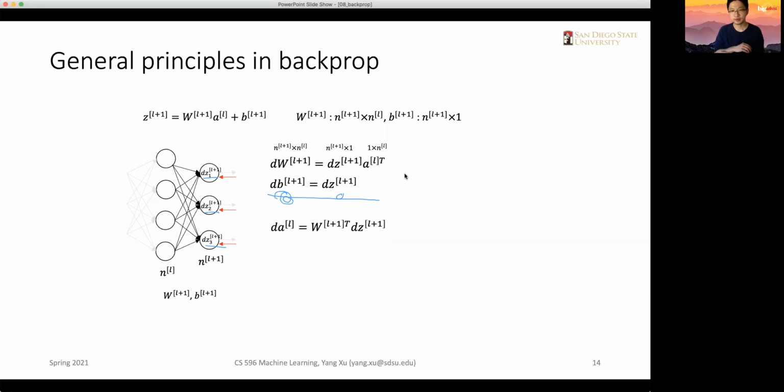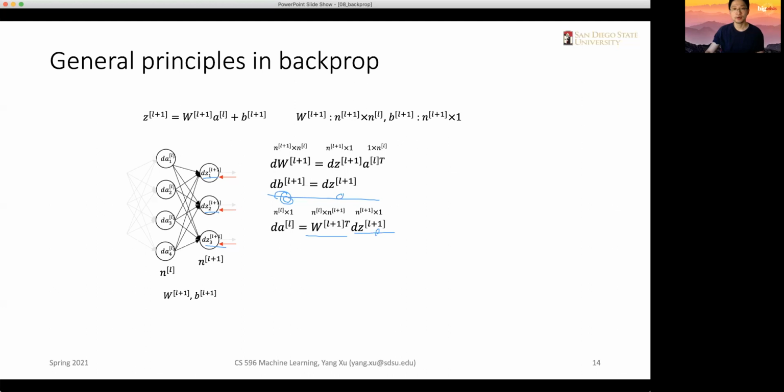And for DA, we basically use the same principle to memorize it. This time we transpose the W and multiply it with the gradients of DZ from the future layer. The same principle of checking the dimensions can be applied.